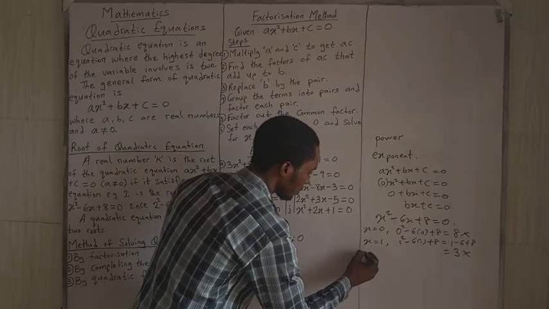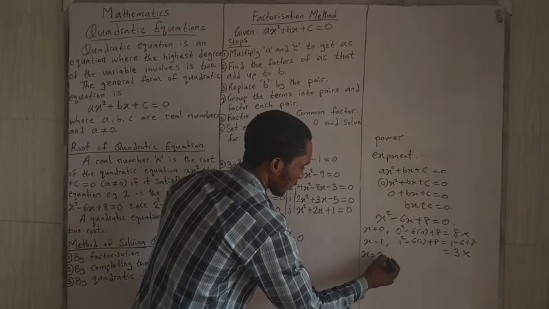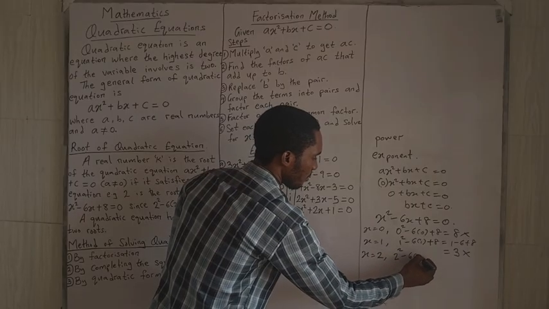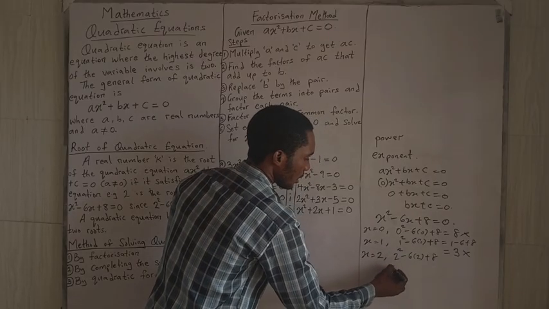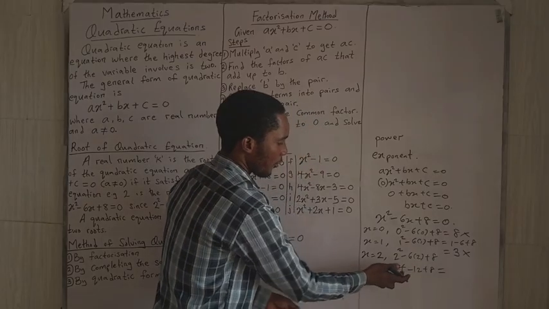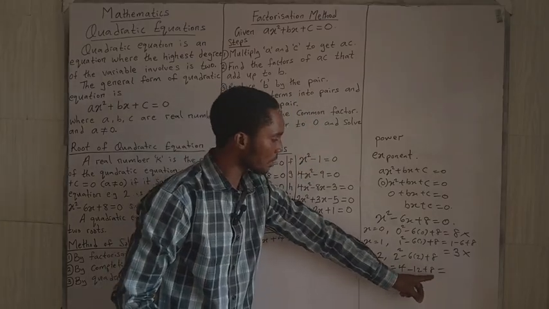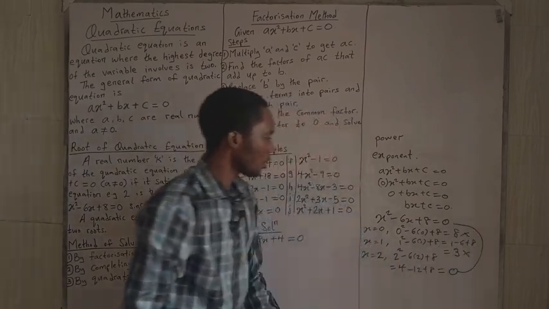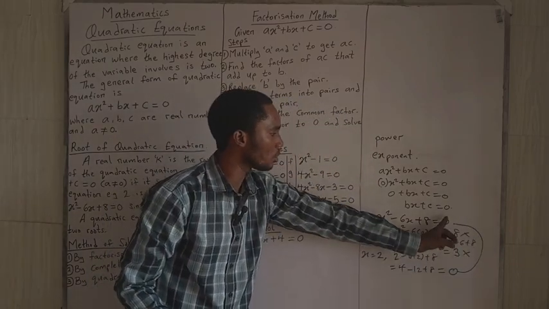If x is 2, this is 2 squared minus 6 multiplied by 2 plus 8. And this is 4 minus 12 plus 8. Minus 8 plus 8, that is 0. You can see the result of this is 0, which we have here.